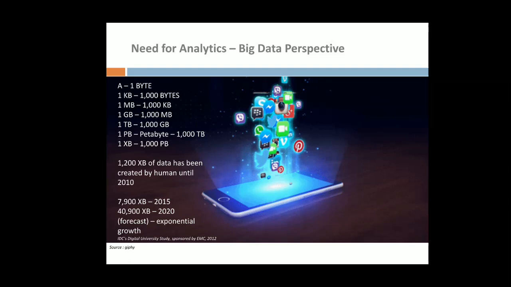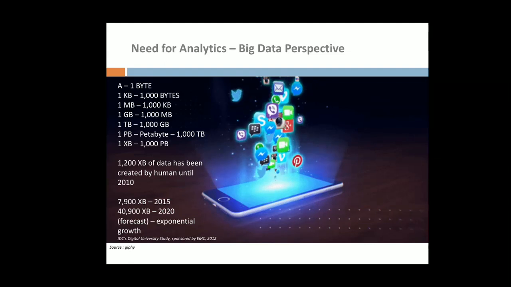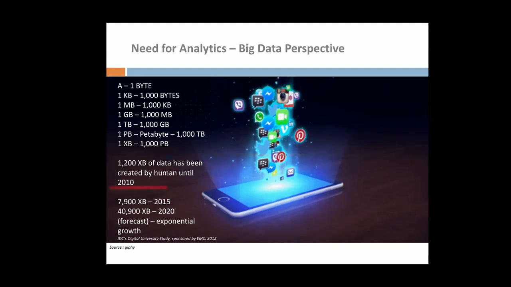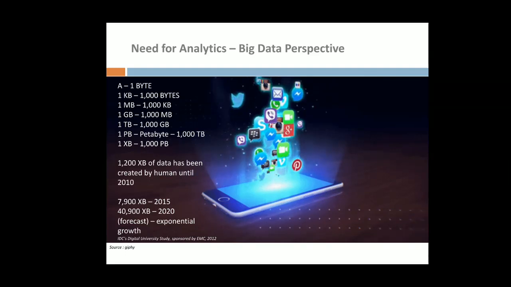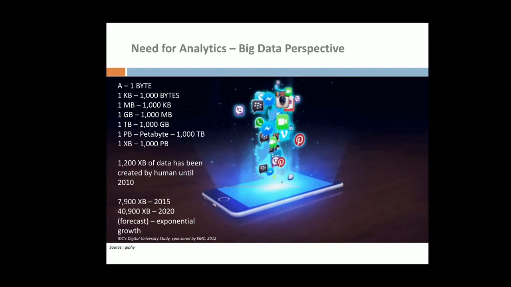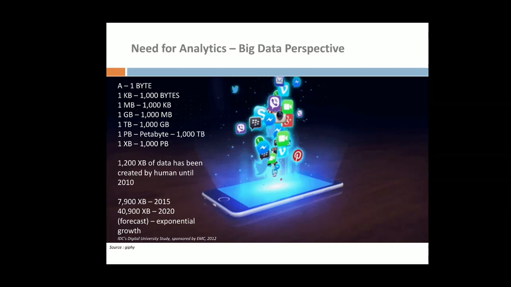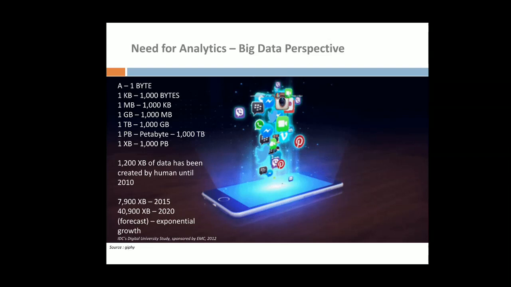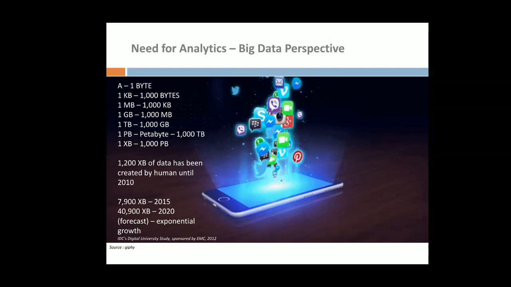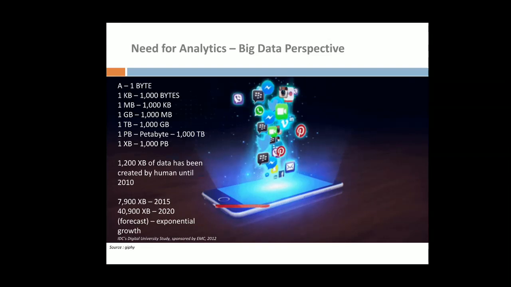Till 2010, around 1200 exabytes of data had been created by humans. By 2020, there has been a 40,900 and more growth, exponential growth in this data.